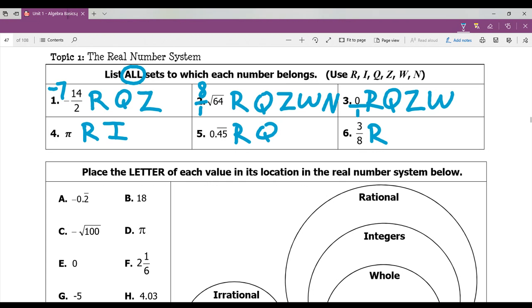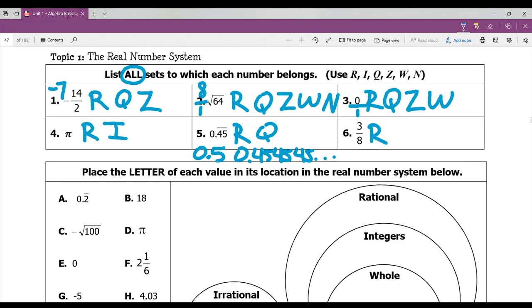That's because decimals that are rational have to be terminating, which means they stop. Terminating is one like 0.5, like that stops. Or the decimal can repeat. So this bar means you've got 0.45, 45, 45, dot, dot, dot, so on and so on.